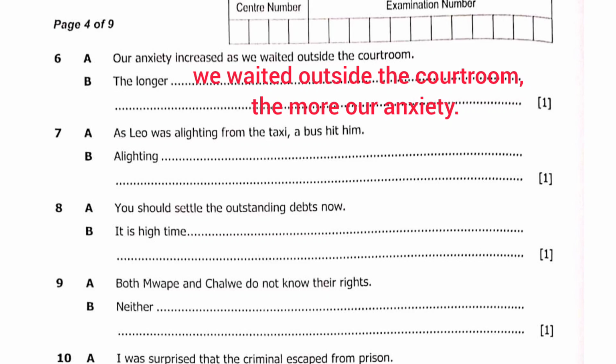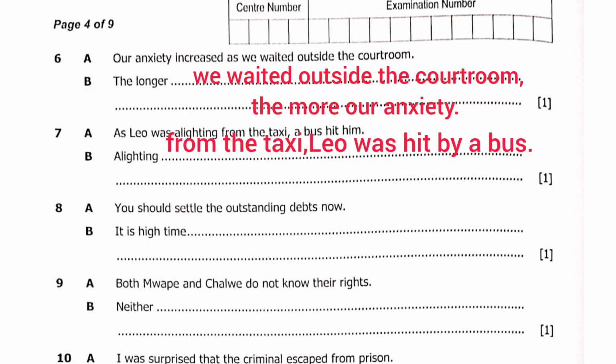Number 7. As Leo was alighting from the taxi, a bus hit him. Begin alighting. This is rewriting sentences starting with a gerund, a verb in ing. So with this type of question, you need to punctuate with a comma and start with the doer of an action.